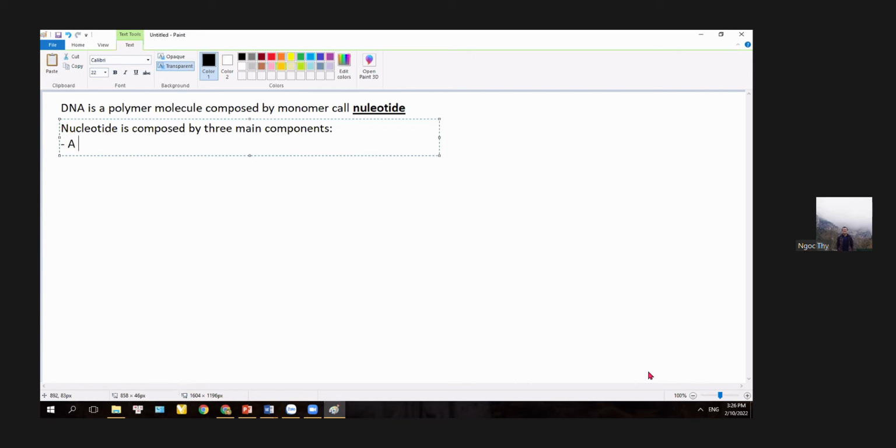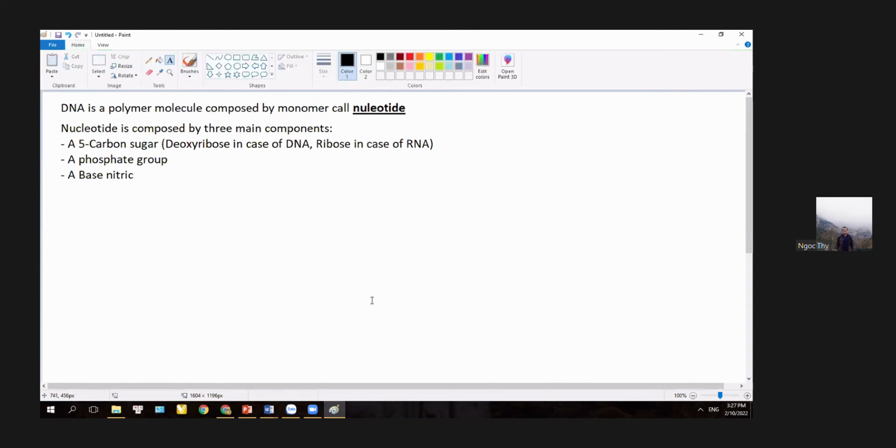First is a five-carbon sugar, so in the case of DNA it is deoxyribose, and ribose in the case of RNA. The second is a phosphate group, and the third is a nitrogenous base.